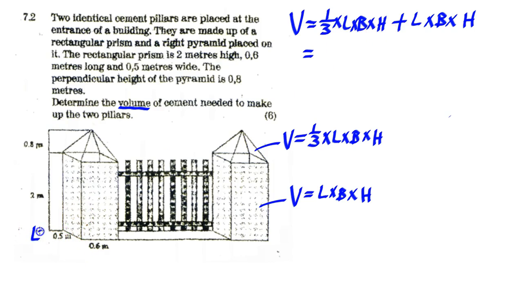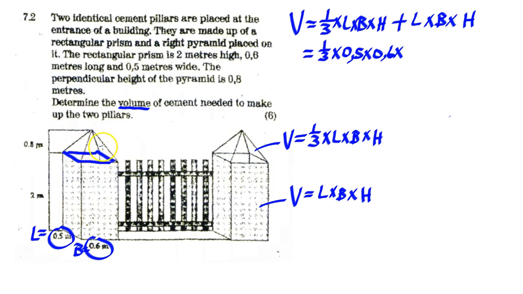Here, our length, look here, is 0,5 and our breadth is equal to 0,6. Look at that base. What's that? That is a rectangle. So now, 1/3 times 0,5 times 0,6 times.